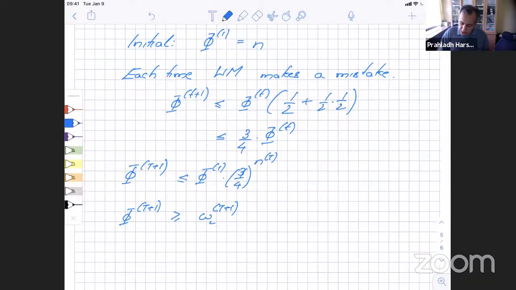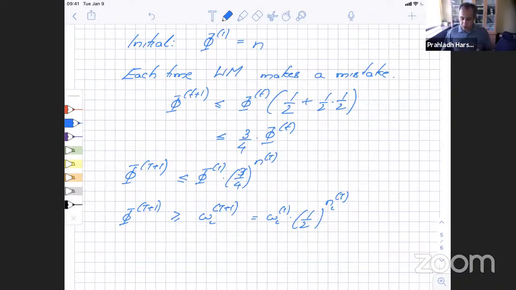In fact, this is exactly wi of 1 times half to the power ni of t. Each time it gets it wrong, its weight drops by a factor of half. So the original weight, and this is how it progresses. Is this clear? These are both upper and lower bounds on this potential function.